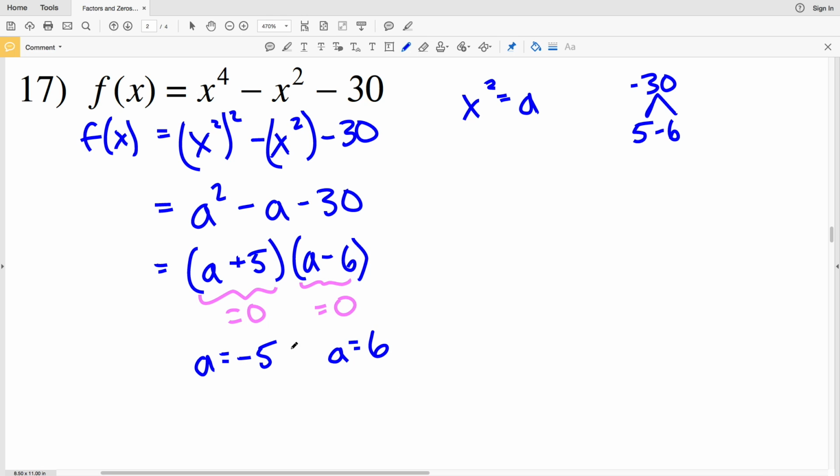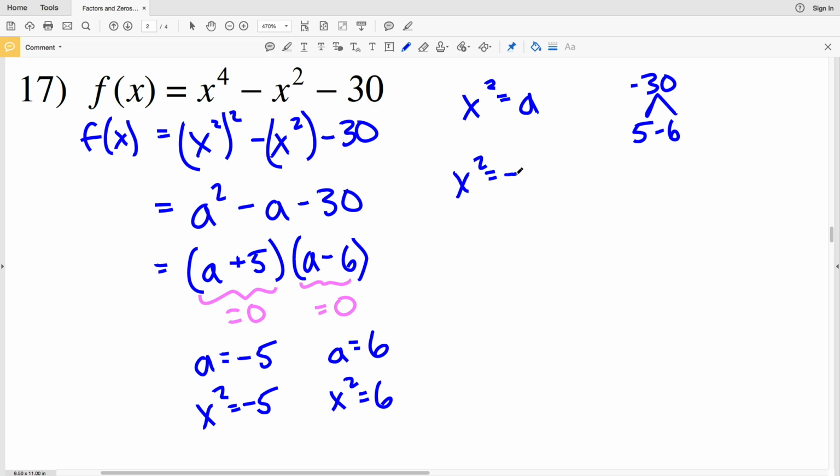However, those are not my zeros for my original function. Remember, a was equal to x squared, so that means x squared equals negative 5 and x squared equals 6 are my zeros. But I have a little more work to do before I get what x is equal to. So let's first look at x squared equal to negative 5.